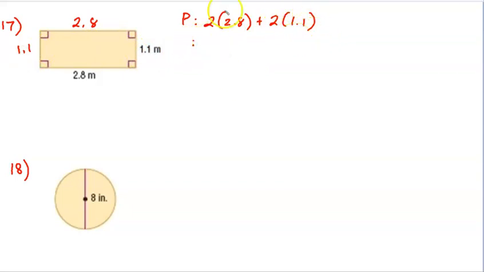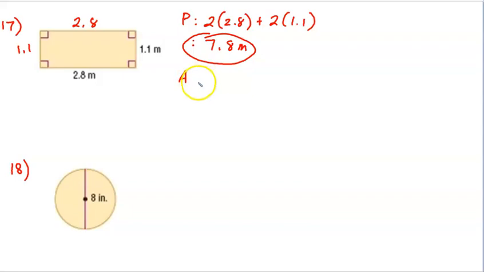And so we can grab our calculator and calculate this number, and again, round it to the nearest tenth. So I'm doing that on my calculator. And it looks like the perimeter is going to be 7.8 meters. Don't forget to include the unit of measurement.